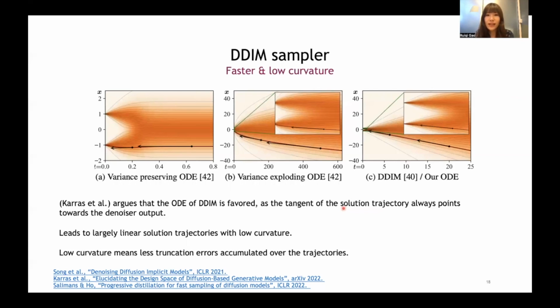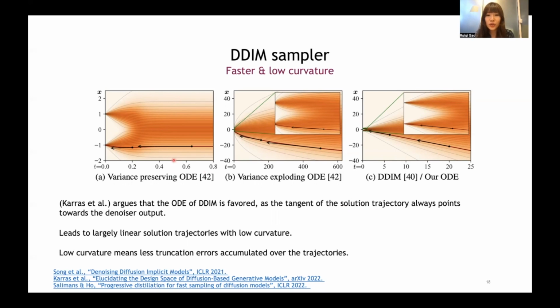It is also found that with this DDIM sampler, we are able to use fewer sampling steps but reach better performance. As for why this is true, this paper by Karras et al. argues that the ODE of DDIM is favored because, as shown in those three illustrations, especially the third, the tangent of the solution trajectories of DDIM always points towards the denoiser output.